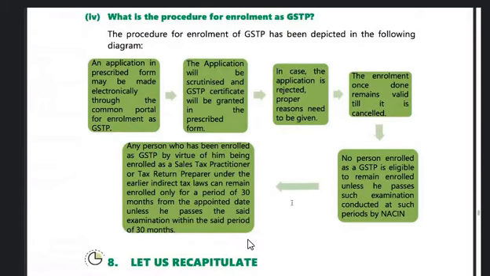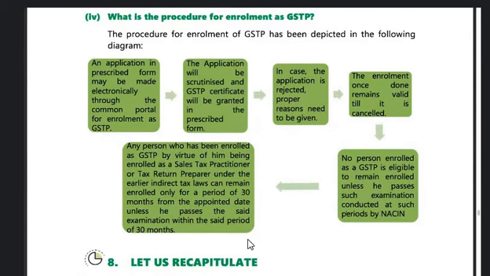Then the application will be scrutinized and a GSTP certificate will be granted in the prescribed form. In case it is rejected, then the proper officer will ask for a reason, and give an opportunity of being heard, and if proper reasons are provided, then they may enroll it.